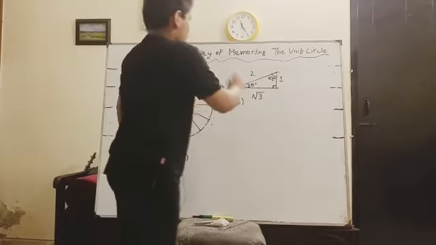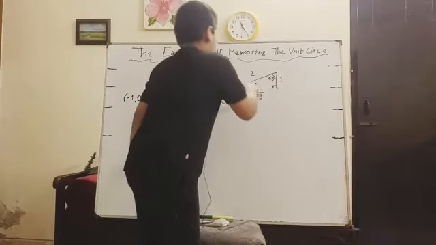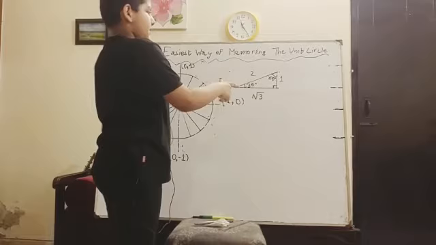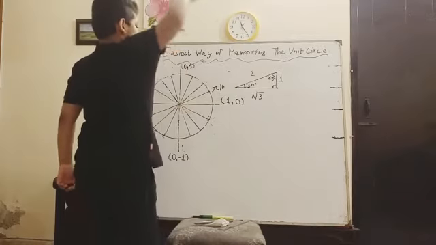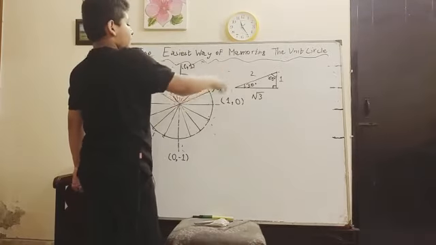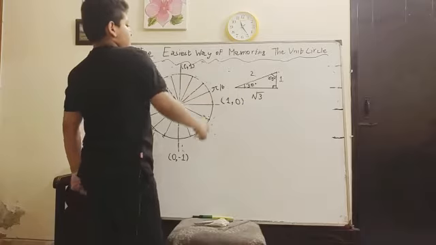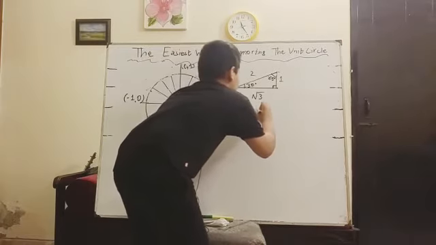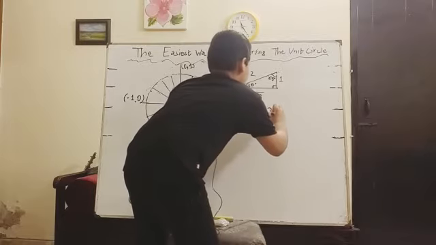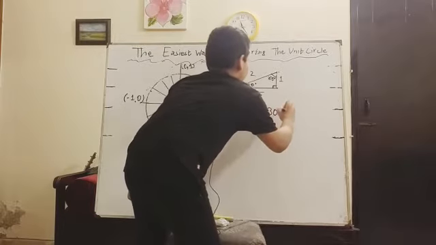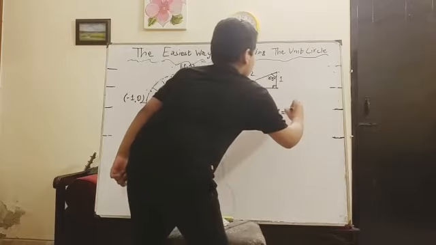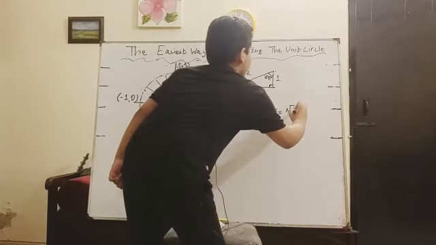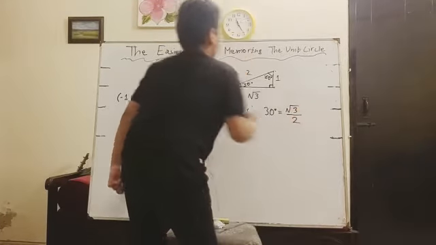Now the sine is opposite, which is this, over hypotenuse. So the sine of 30 degrees would be square root of 3 over 2.